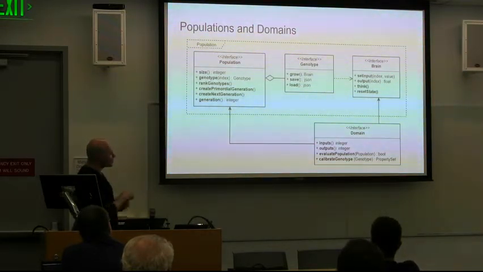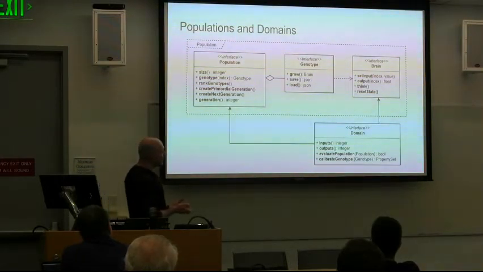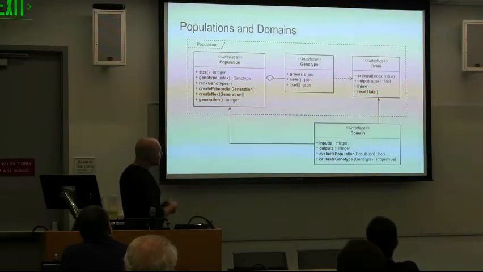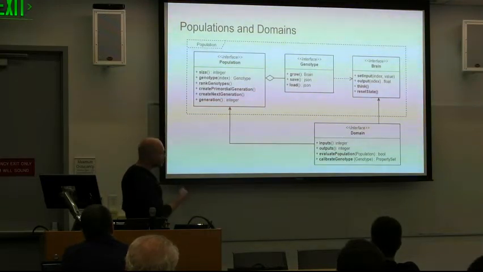And genotypes are the seeds for creating the materialized solutions, the brains. So a genotype is the encoding, and the brain is the thing that can actually set inputs and let it evaluate the output values.